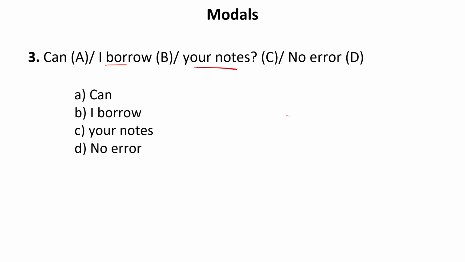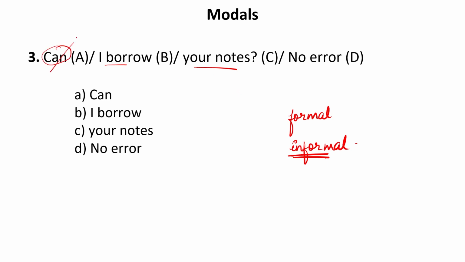Now whenever we request, we have two types of request. One is formal request and another is informal request. So if we are borrowing some notes of someone else, or we want the notes of someone else, it should be a formal request.